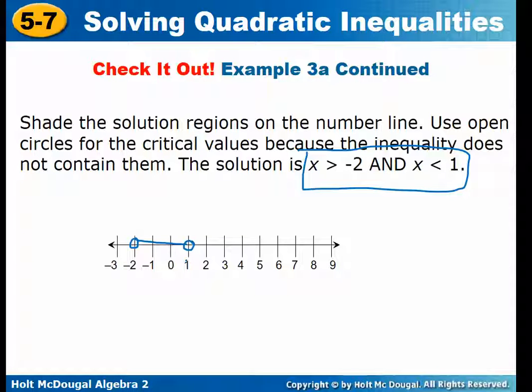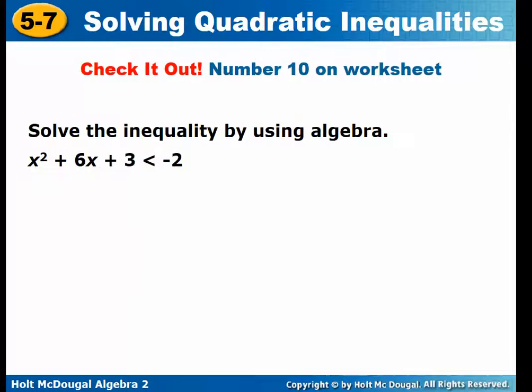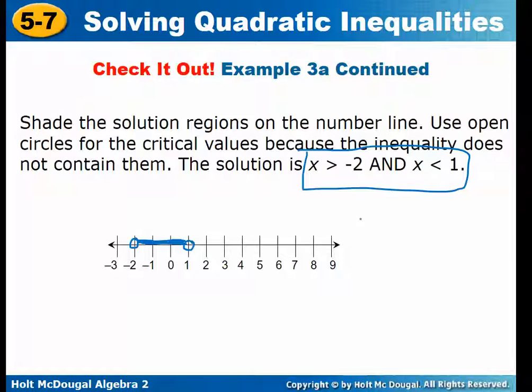Now you don't have to add the number line graph for your answers here, but this is what the graph would look like. It would show that the values that work in this inequality would be between negative 2 and 1. Another way we could write this, and I should have written it like this, typed it out, would be like this. This also says that x is between negative 2 and 1. That combines both of those inequalities into one compound inequality.